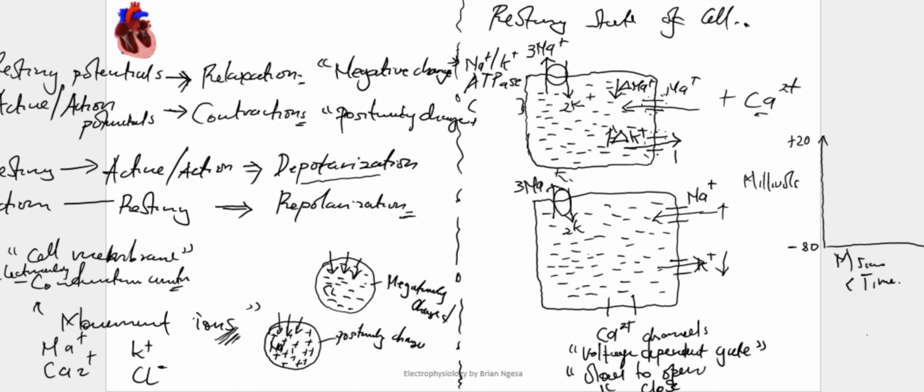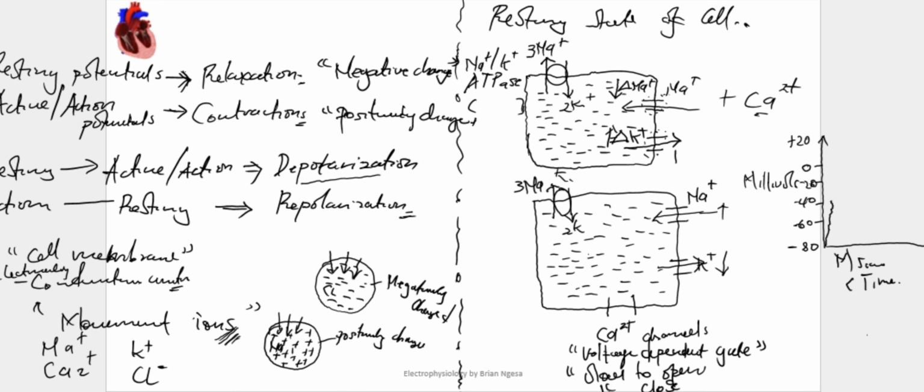As the wave of depolarization comes, where we are increasing the permeability of sodium and reducing the permeability of potassium, our cell moves towards the positive because it is being positively charged. So we have negative 60, negative 40, negative 20, let's say 0, and then 20, so that one is fair.